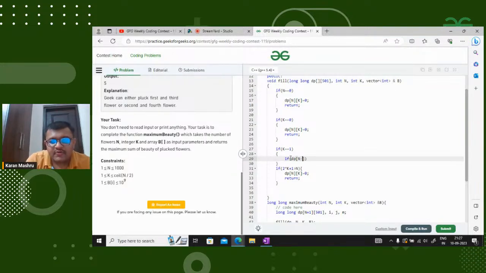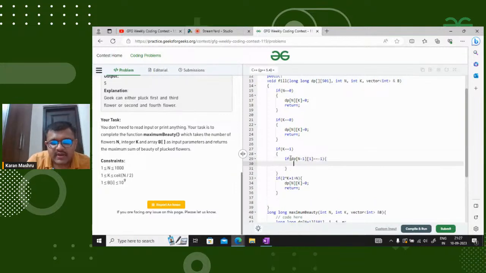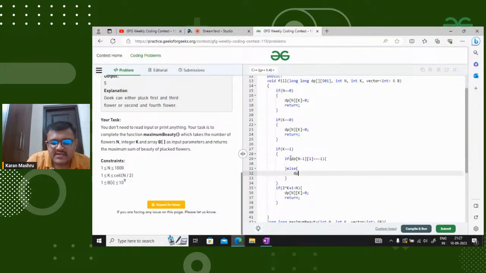So if dp of n minus 1 and 1 is equal to minus 1, then we need to call the recursive function, else dp of n and k is equal to max of dp of n minus 1 and 1, that is we did not consider that element, else it would be b of n minus 1, that is we considered that element. Is this much clear?